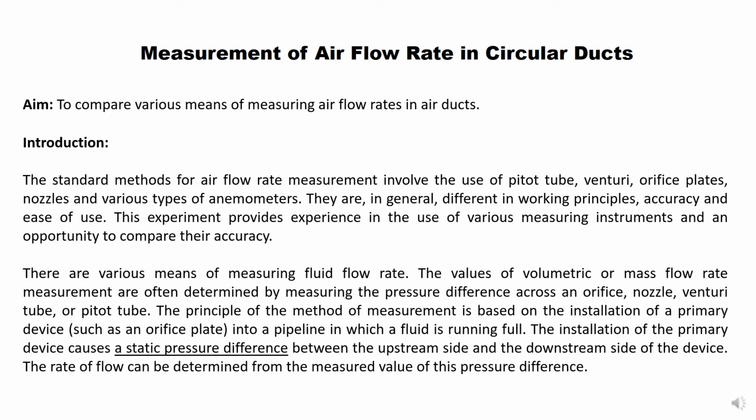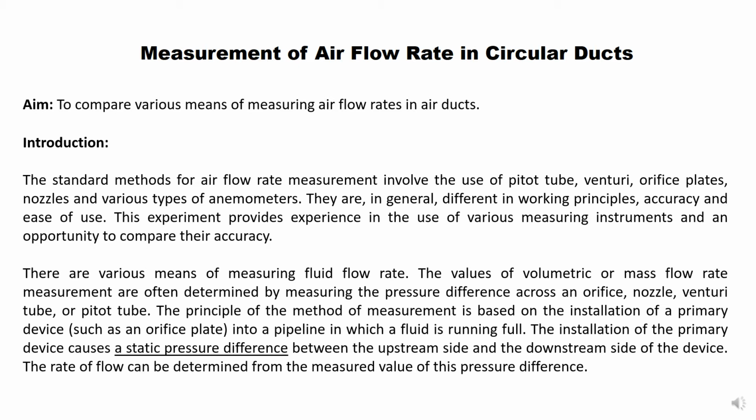There are various means of measuring flow rate. The values of volumetric or mass flow rate measurements are often determined by measuring the pressure difference across an orifice, nozzle, venturi tube, or pitot tube.